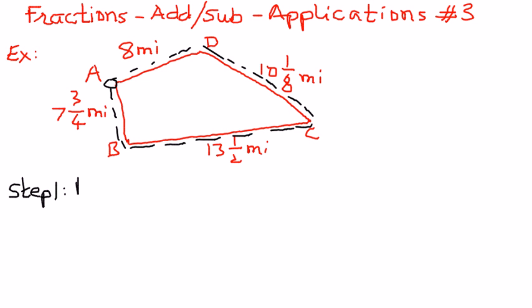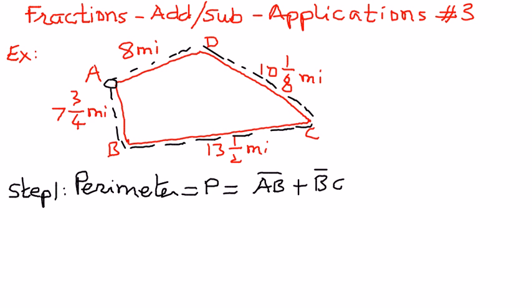So perimeter is represented by uppercase P in geometry. The perimeter is going to be the addition of all the line segments in that particular figure. In this figure, we have line segment AB plus line segment BC plus line segment CD plus line segment DA.